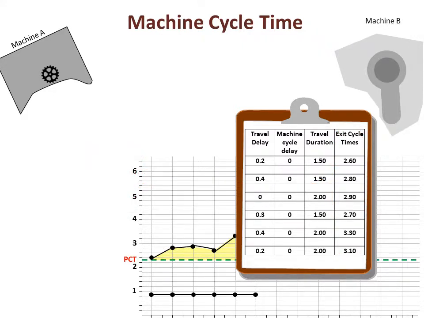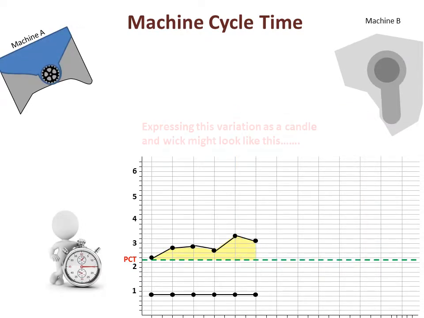These times take into consideration all the other things that are happening both before, during, and after the machine actually cycles. Expressing this variation as a candle and wick might look like this. The top of the candle represents the lowest repeatable point. The lowest repeatable is that level at which we have seen enough exit cycle time observations to indicate that the process could operate at that exit cycle time if the variation was reduced.